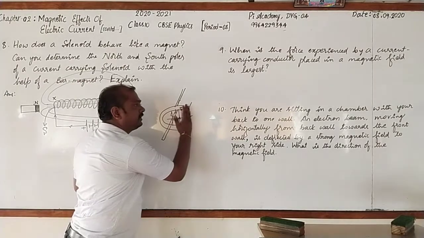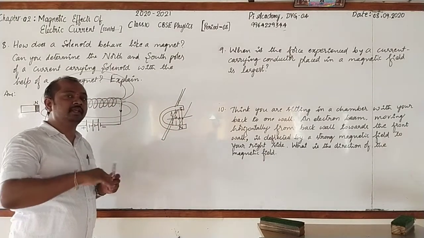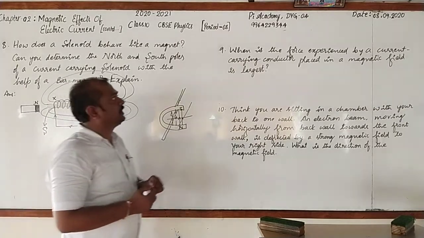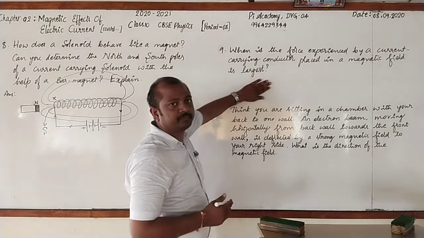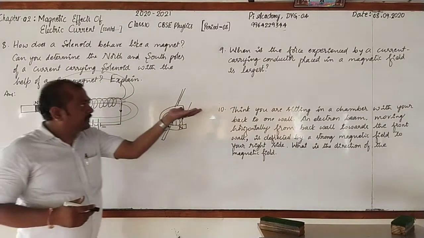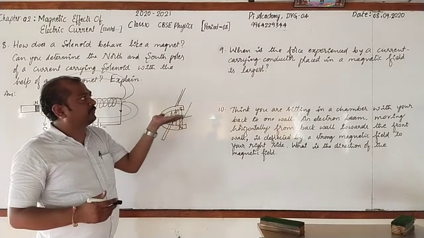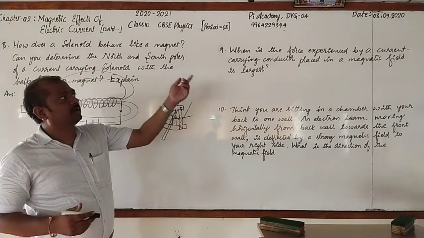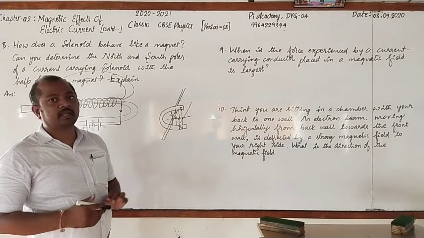If it is parallel, it will be least. Hope that you have understood. So what we have to write? A conductor carrying current should be kept perpendicular to the direction of magnetic field to obtain the maximum or the largest mechanical force.